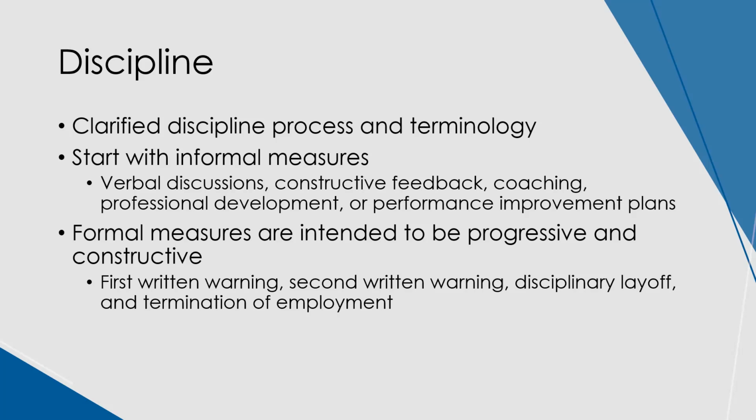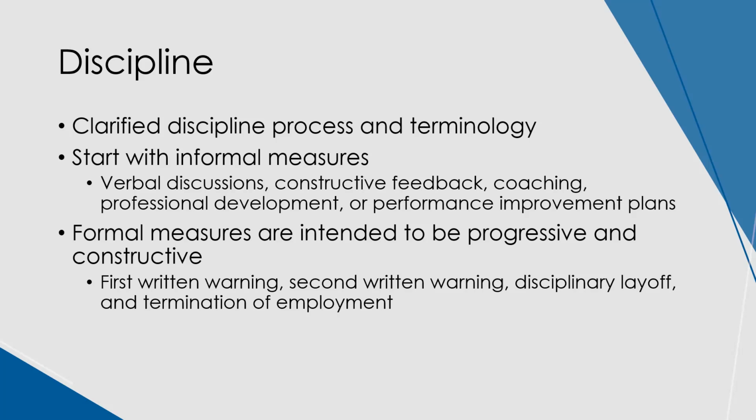If formal discipline is needed and those measures are pursued, it's intended to be progressive and constructive. And we previously had a table within the contract that seemed to have caused some confusion. So we removed the table and clarified in the plain language that for the process, the progressive discipline and the steps in order of which discipline will move is first a written warning, and that's going to be the first written warning. And then there's a second written warning, then options for disciplinary layoff and termination of employment.